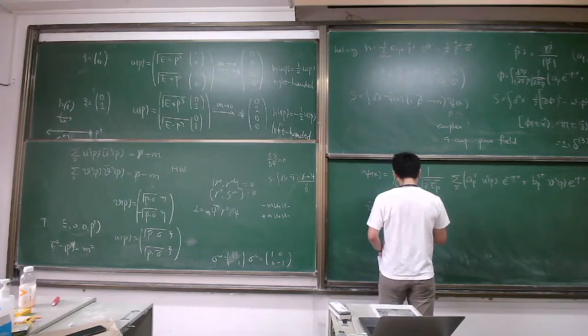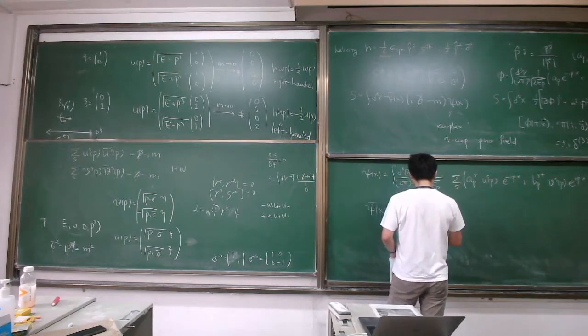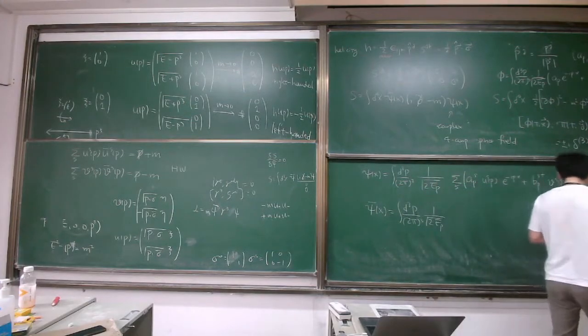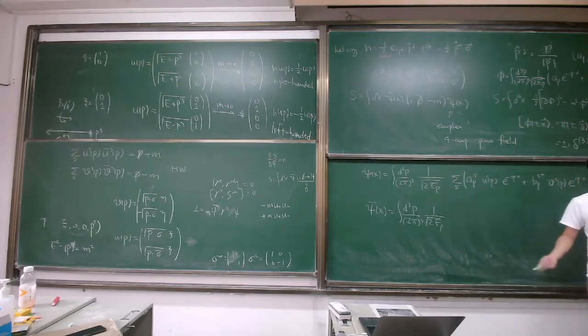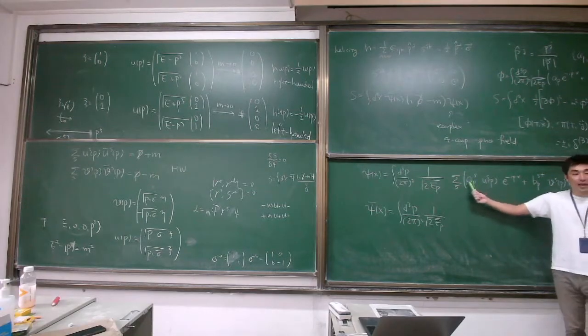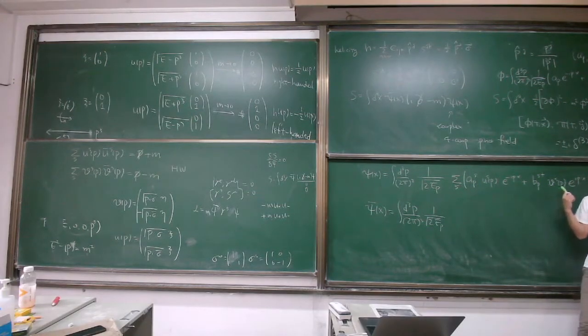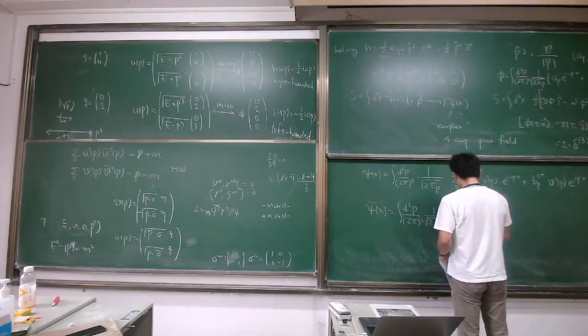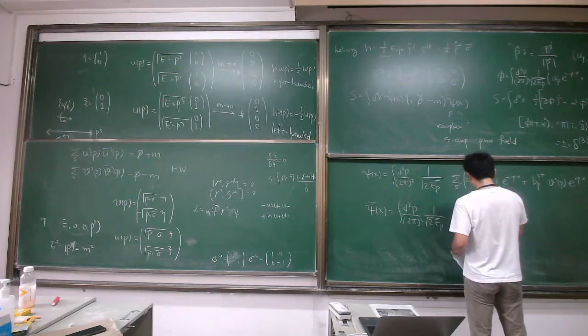Take the following Fourier transformation. As you did in homework, it's a complex field. If it is a complex field, you need two modes, a and b. That's what you did in homework. That's why you have to do the homework very seriously to understand the content of the lecture.